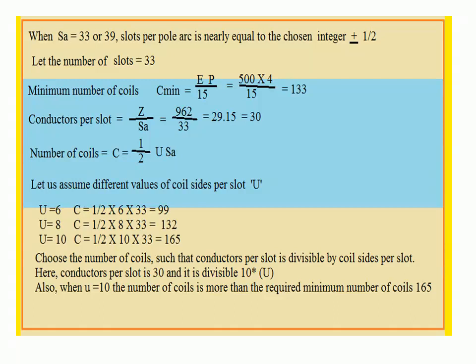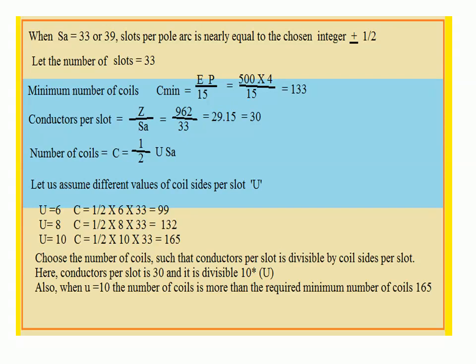Minimum number of coils you estimate by using C minimum equal to E P by 15. We are going to get around 133. Then for this value, conductors per slot Z divided by SA, we are going to get around 30. For number of coils, you check C equal to half U S by using different values of U: 6, 8, 10.